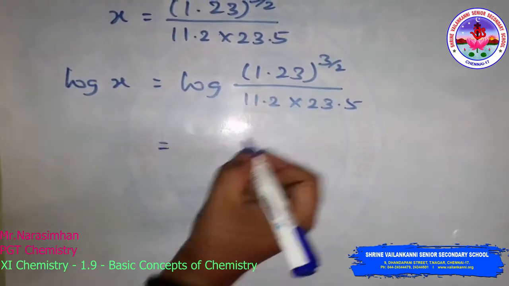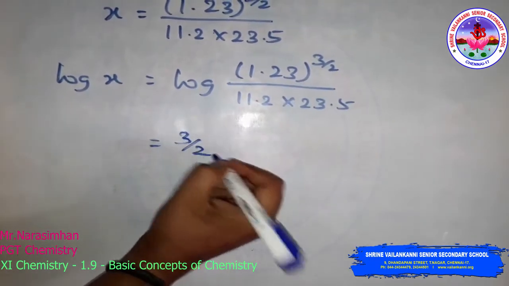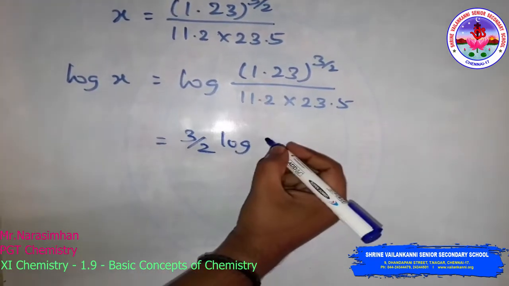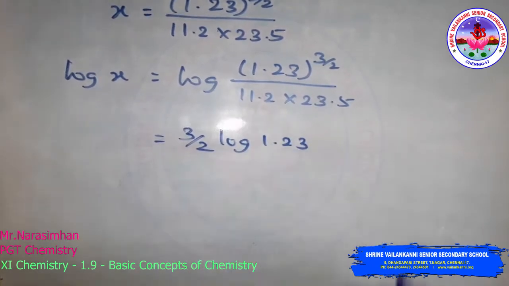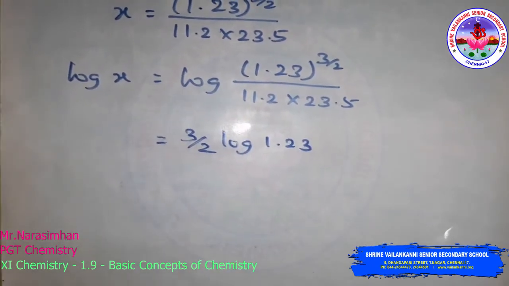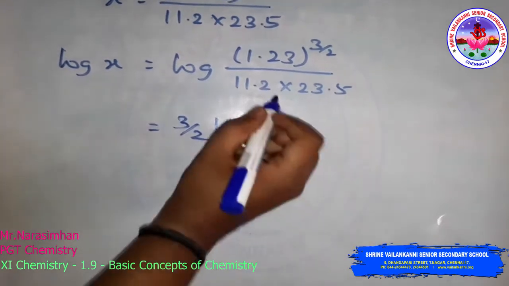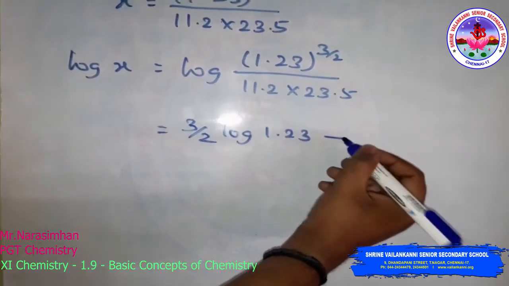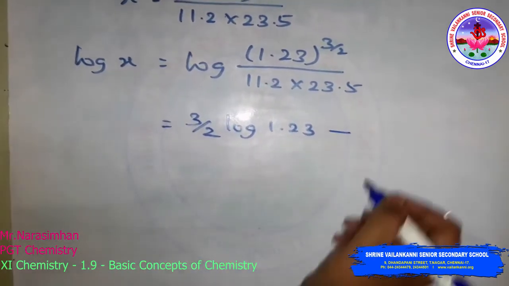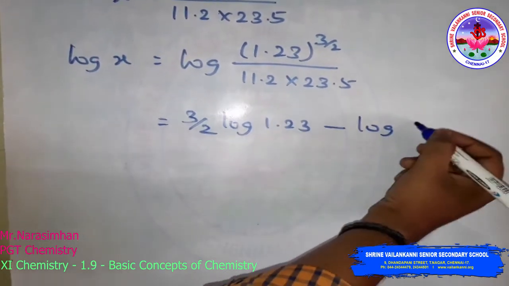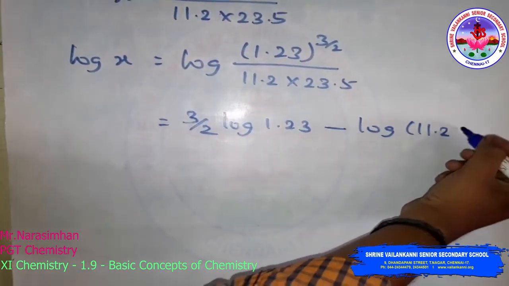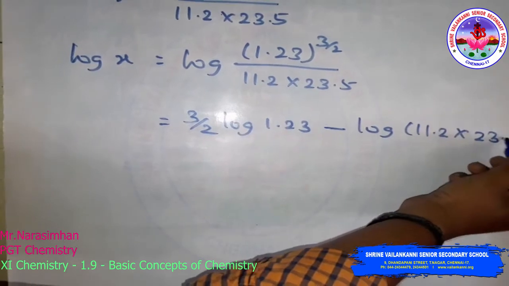That means 3 by 2 log 1.23, then minus log of 11.2 into 23.5.